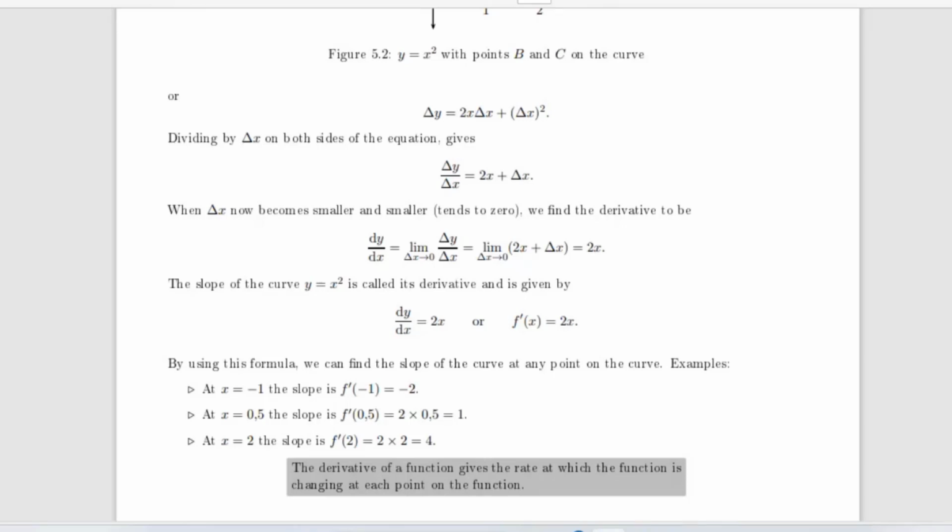If you've got y equals x squared and you are trying to find the derivative of y, it is dy over dx.